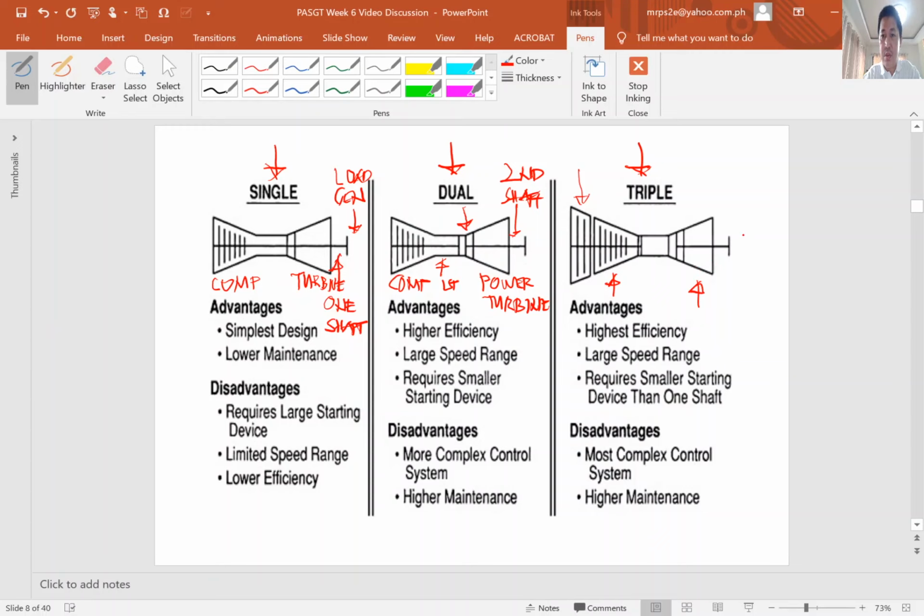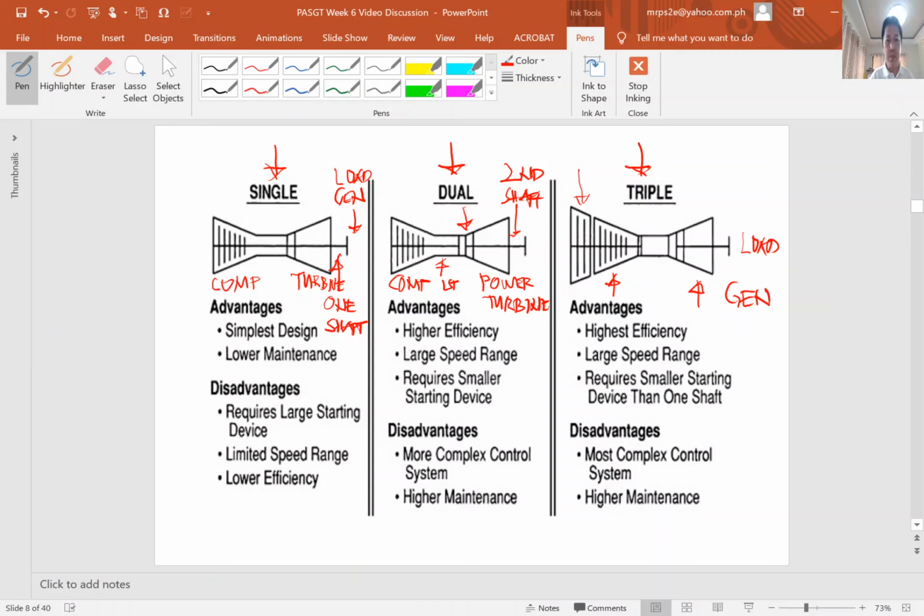So this is the load. They are different. So here we have the advantages and disadvantages.